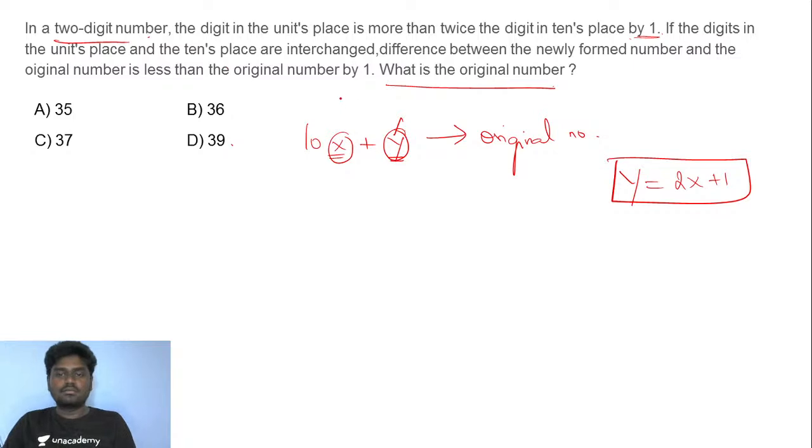So if the digits in units place and tens place are interchanged, after interchanging I'll be getting 10y plus x. So this newly formed number and the original number differ, it is less than the original number by 11.